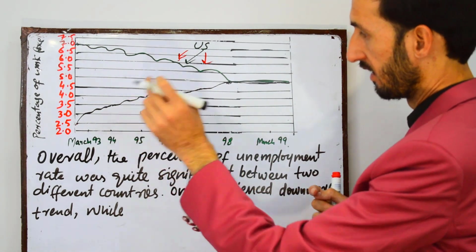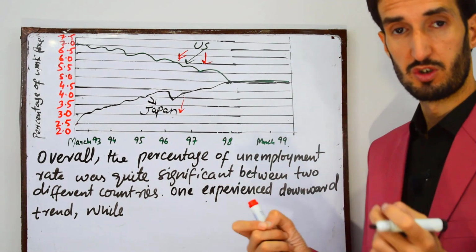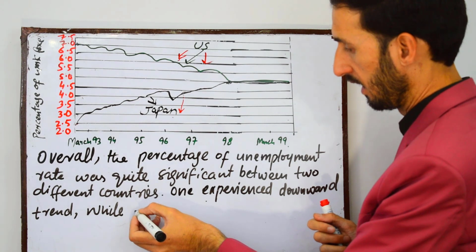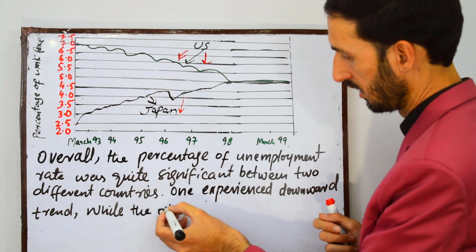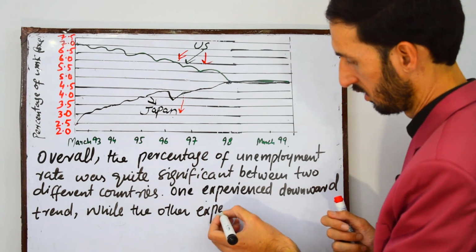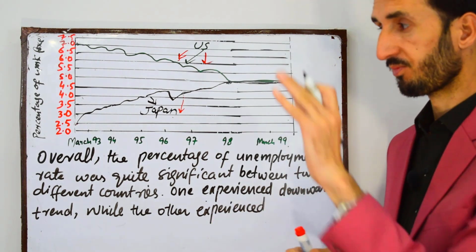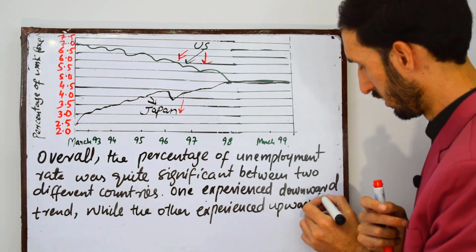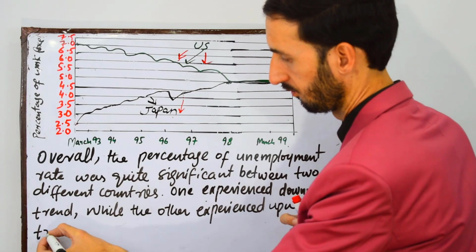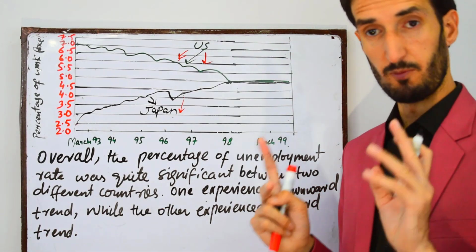And while the second, it went up. How to write in good English? Then you should use while the other experienced an upward trend. While the other experienced an upward trend.